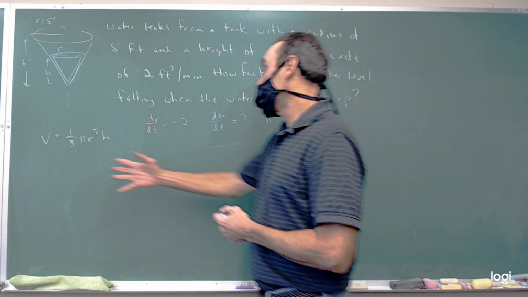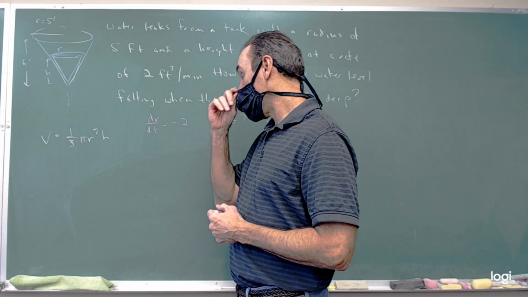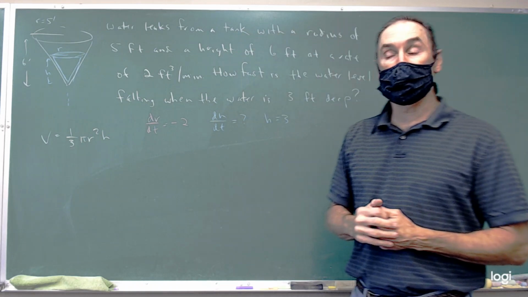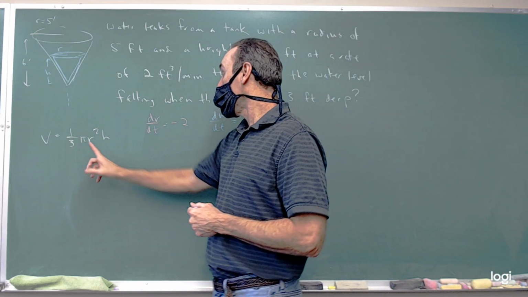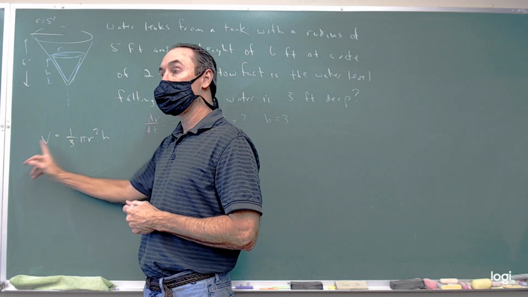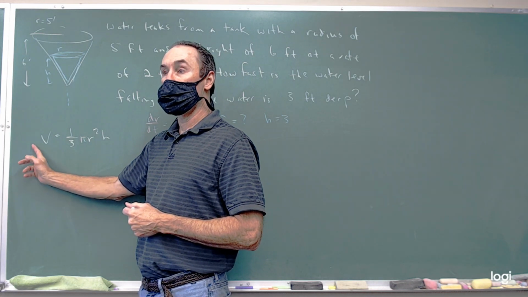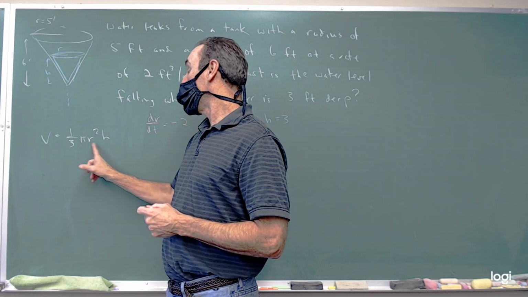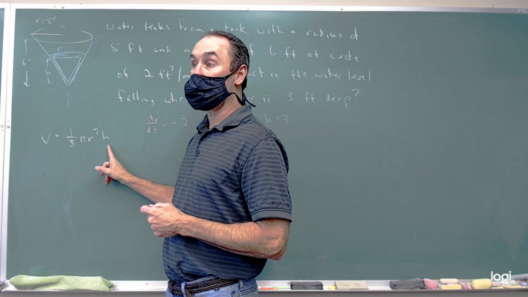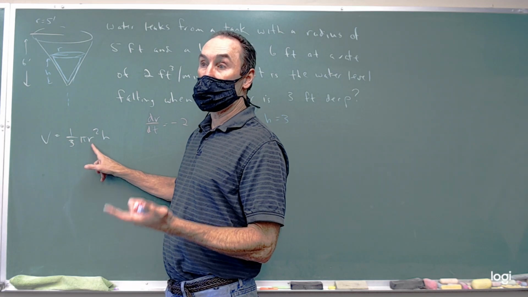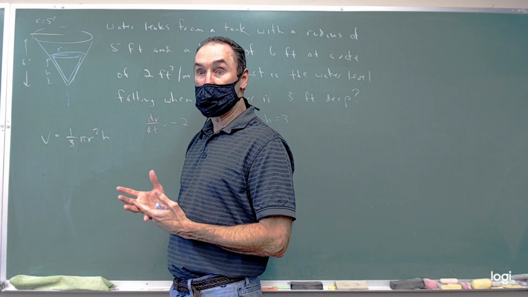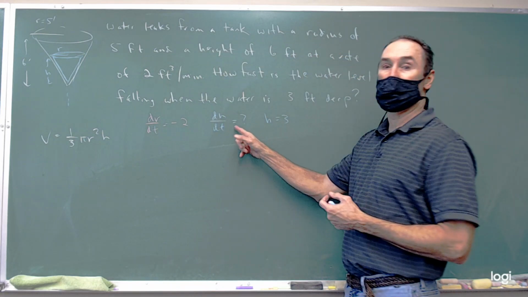Now, as it stands, this is our volume formula, and we're talking about the volume of the cone of water. So the radius and height are both changing with time, and the volume is changing with time. If we differentiate this right now, we could do that, but we're going to have to use a product rule here, which is going to be the first times the derivative of the second, which leads us to a dh/dt, which is good because we want to find dh/dt.